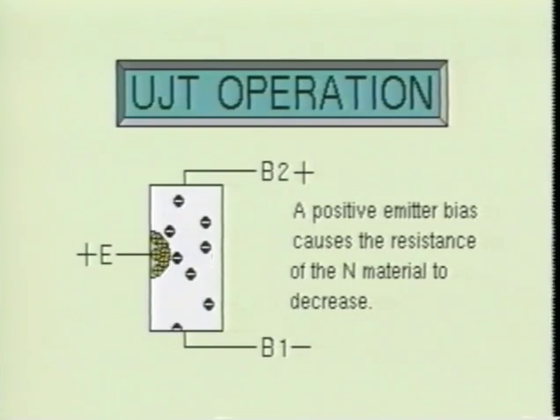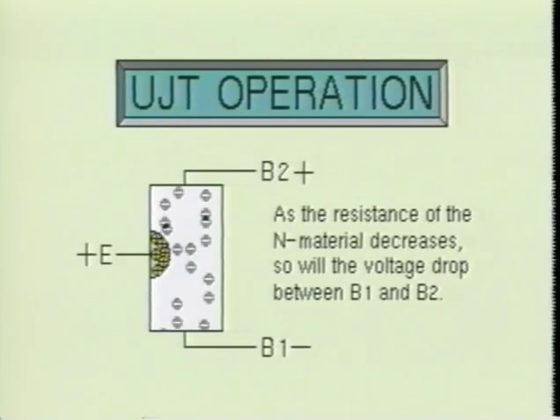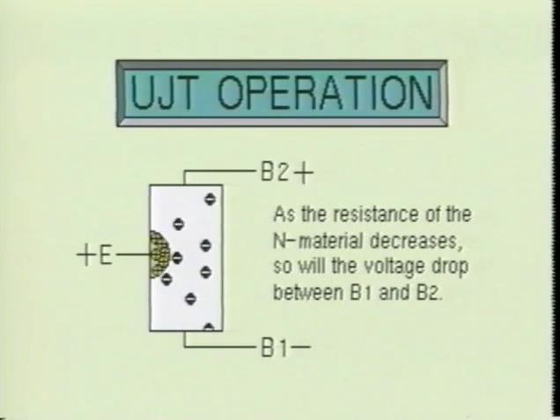With the decrease in resistance, the voltage drop across the emitter base 1 junction also decreases, which in turn causes the PN junction to become more heavily biased. As the PN junction is biased even further, it causes a greater forward current flow, which further reduces the resistance of the bar material. When the UJT is operating in this mode, it is operating in its negative resistance region. The negative resistance region is the normal operating mode of the UJT.